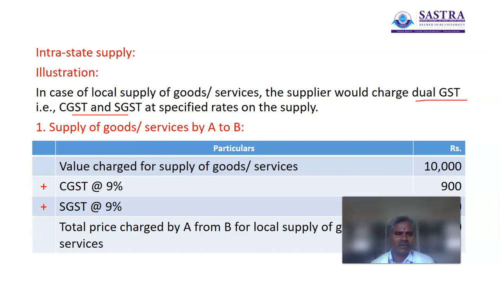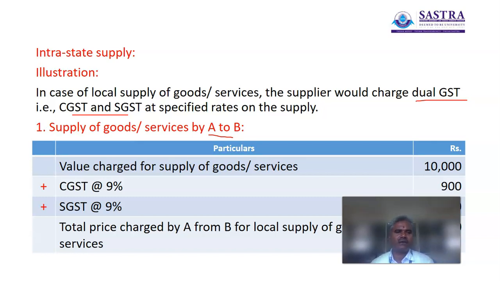You see, supply of goods or service by A to B. Here A supplies goods to B. Both are doing business in the same state or within the state. Either it may be Tamil Nadu or Andhra Pradesh or Telangana or Madhya Pradesh or Delhi, whatever it may be.